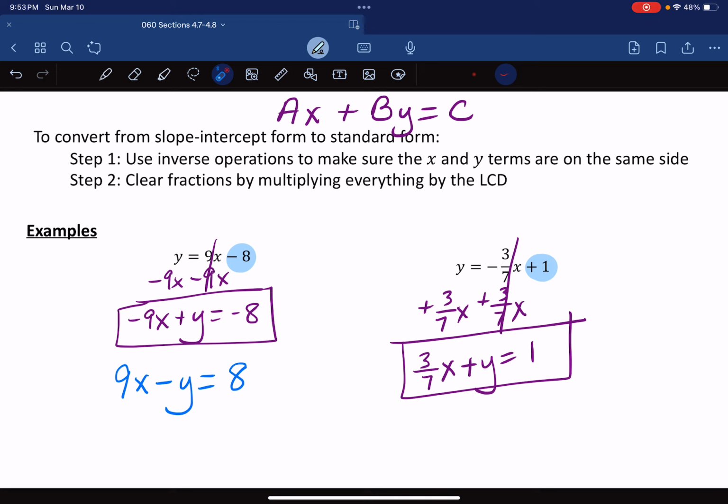However, if you wanted to go one step further and clean it up a little bit, getting rid of the fractions, we can multiply everything here by the LCD, which in this case is 7. So we're going to multiply by 7.